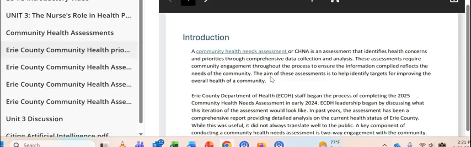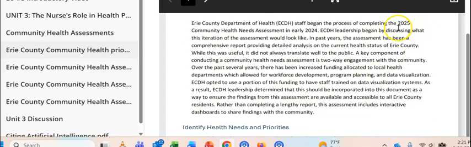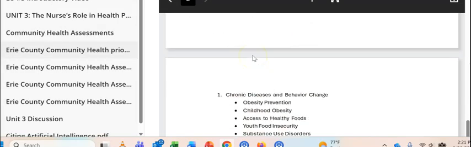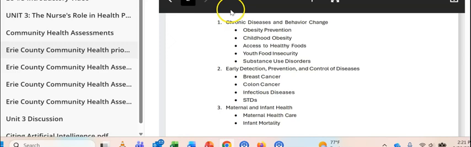location, Erie County? The process of the assessment was done in 2025, and now they're working on the actual plan. So I'll let you look at that. But there were health needs and priorities that were identified. These are basically chronic diseases and having behavior change.